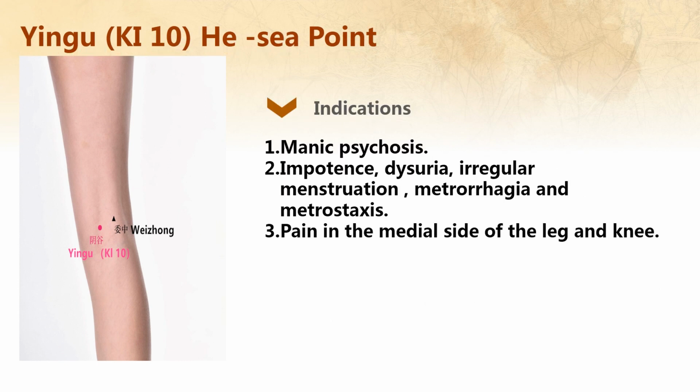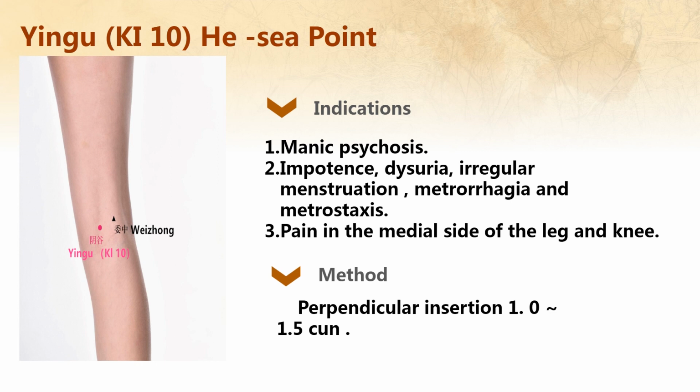The acupoint can cure manic psychosis, impotence, dysuria, irregular menstruation, metrorrhagia and metrostaxis, pain in the medial side of the leg and the knee. The operation method of this acupoint is perpendicular insertion 1 to 1.5 寸.